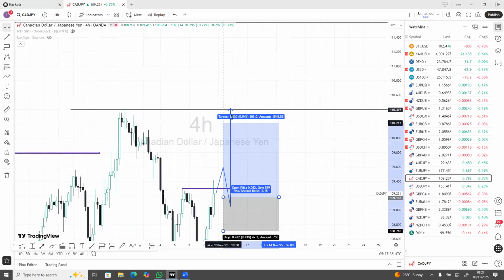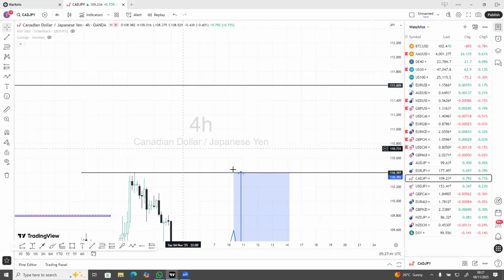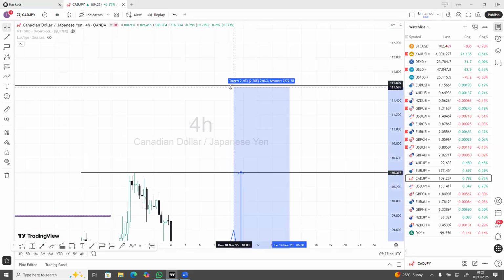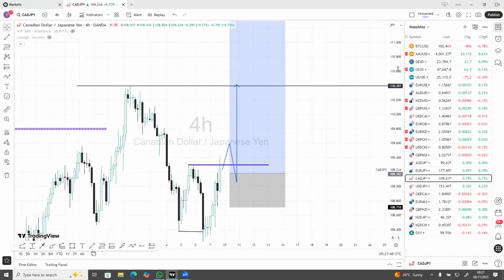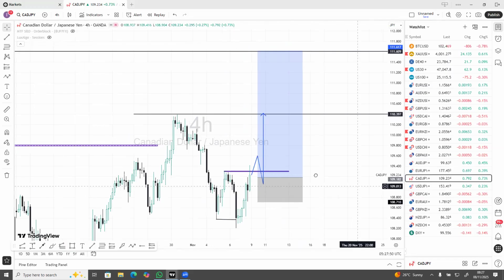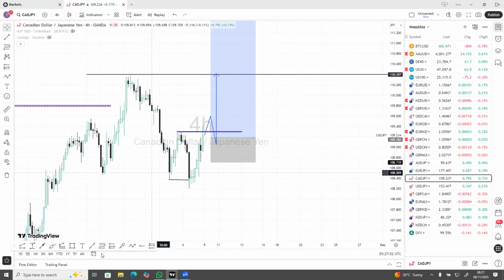First target to be on that swing high, another one on that point. That is JPY on 4 hour. So in case it breaks down here, when it breaks below, we will find short positions.